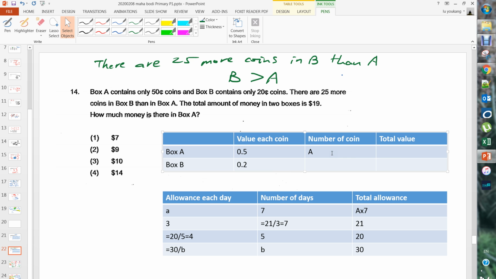So A plus 25. Very good. A plus 25, right? Okay. So now, the total value for box A is?